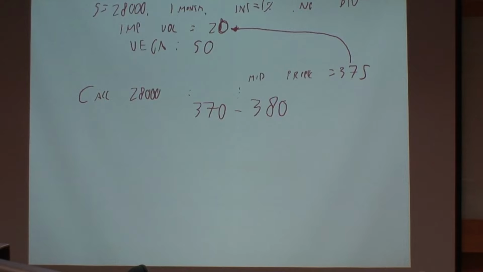Given that I have a Vega of 50 and 375 would correspond to volatility 20, what is the implied volatility I would be paying if I buy the option at 370? And what is the implied volatility I would be receiving if I sell the option at 380?